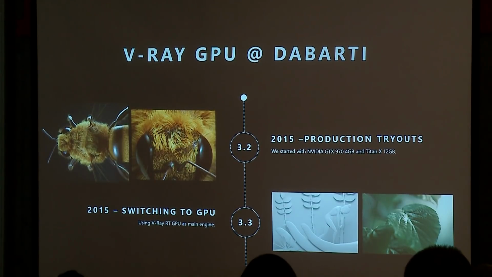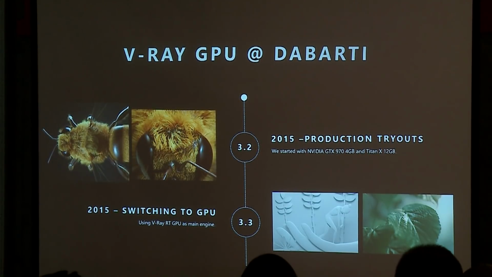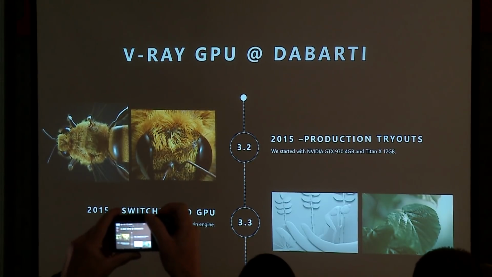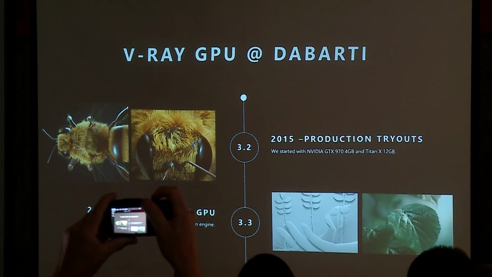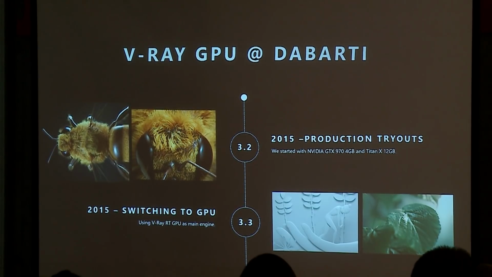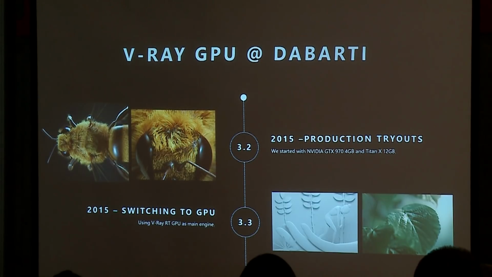What I really want to talk about is what started in 2015, when we started testing the first GPUs in our production. We got a couple of GTX 970s with 4 gigabytes of memory.